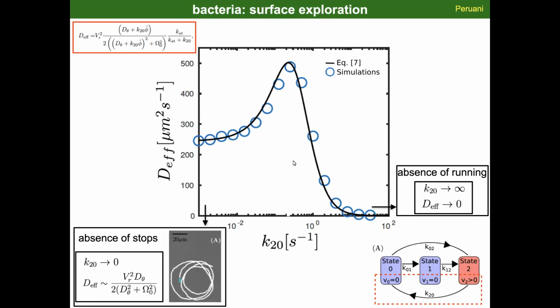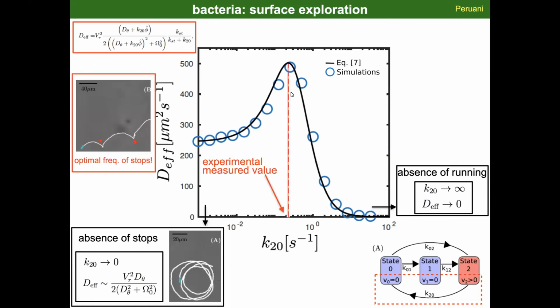What is interesting is that in experiments, what we measure is that bacteria move at the value of K20 that maximizes the diffusion coefficient. That may look like a coincidence, but then we looked in the literature at other bacteria and other surfaces, and we found basically the same kind of result.